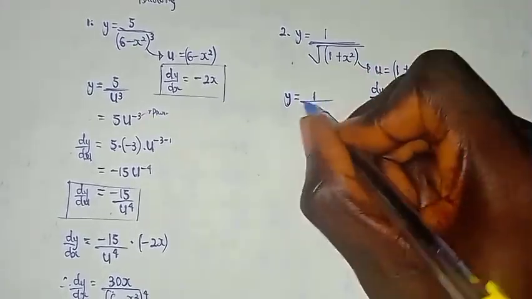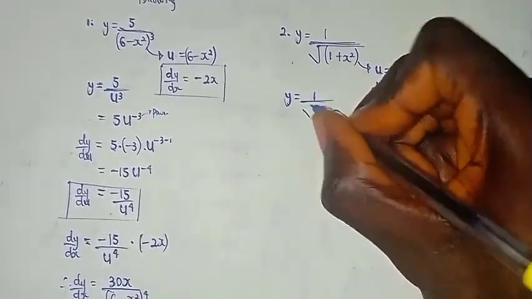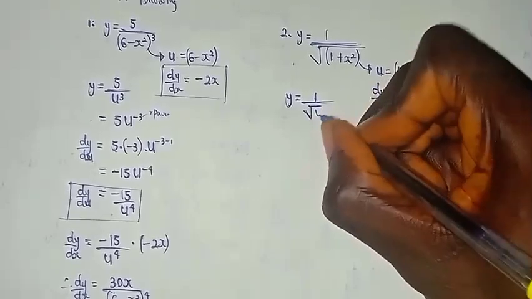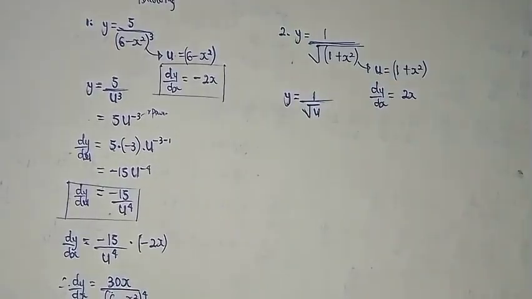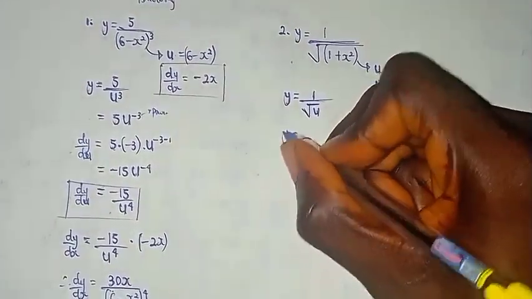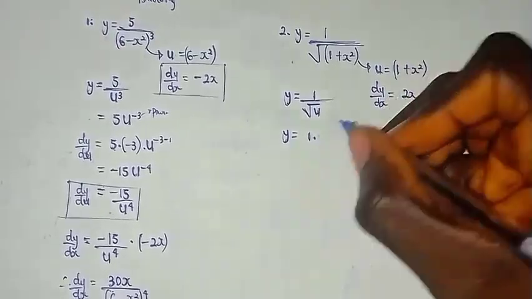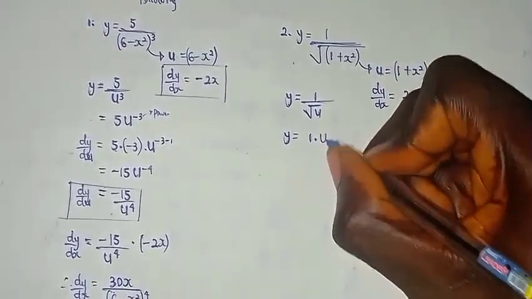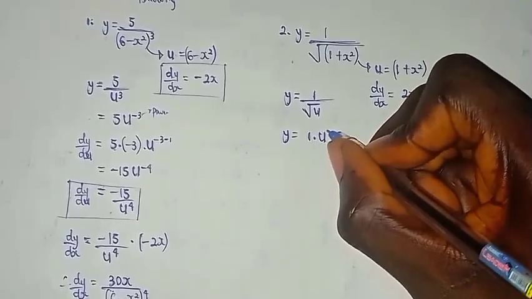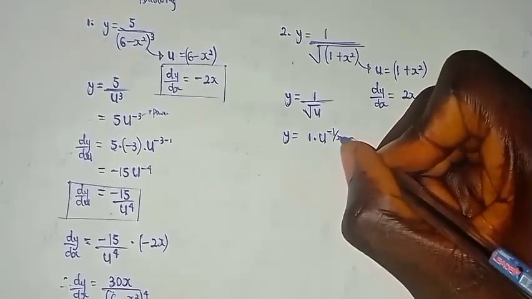becomes 1 all over square root u. Now, from the laws of indices, this can be written as 1 multiplied by u raised to the power of minus 1 over 2.